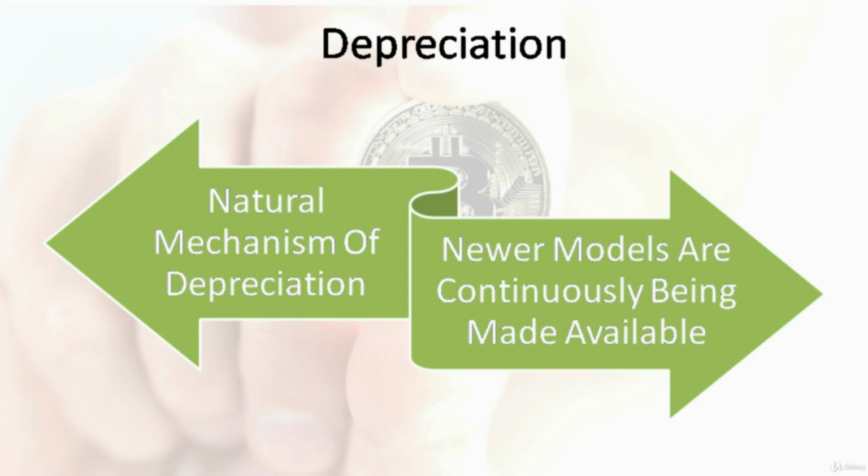Where the cumulative cost of the rig itself is pretty self-explanatory, let's look at depreciation. Electronic devices, such as computers, usually suffer from a loss of value for 2 reasons. One being the natural mechanism of depreciation, and 2, the reality that newer models are continuously being made available.